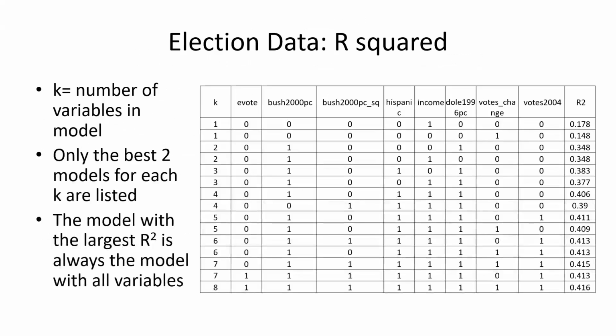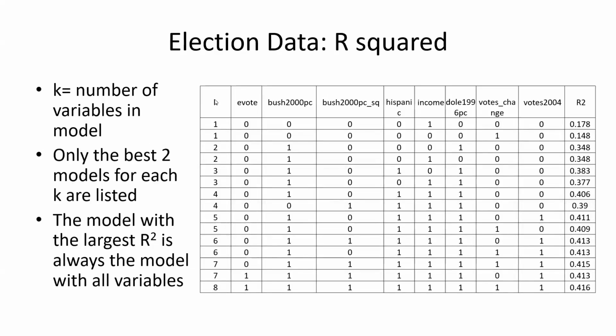Okay, so here we have the Bush election model we talked about before. Each row corresponds to a model. The number of variables in the model is given by k in front here.